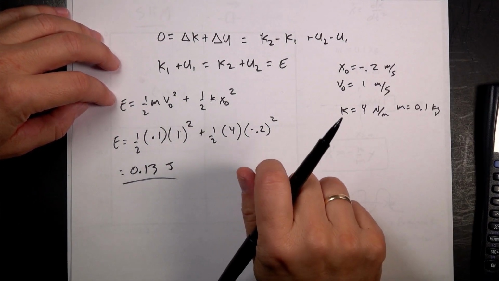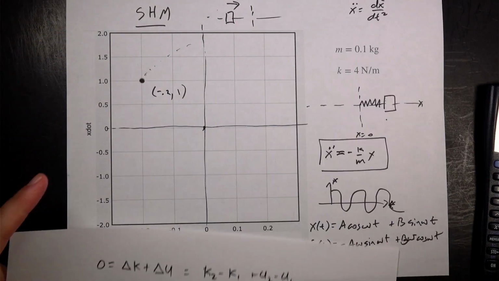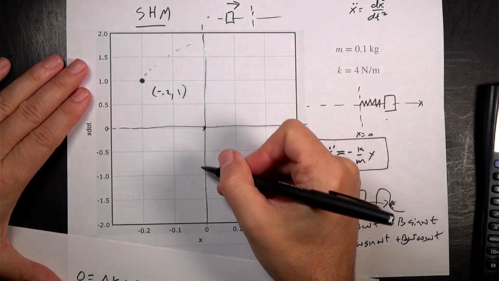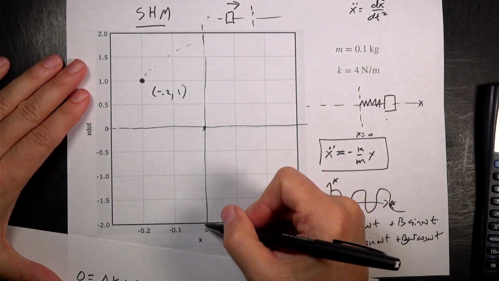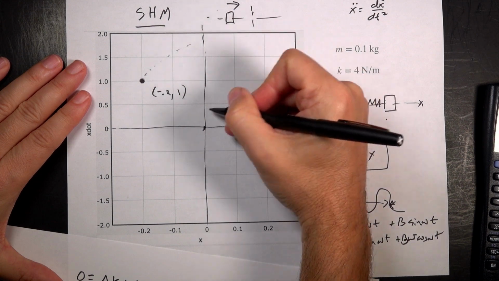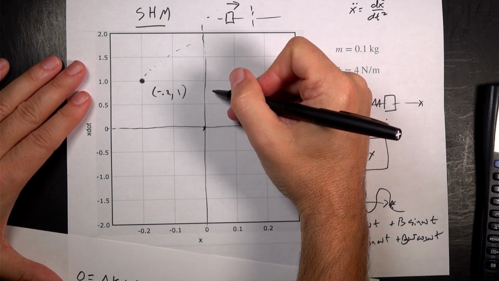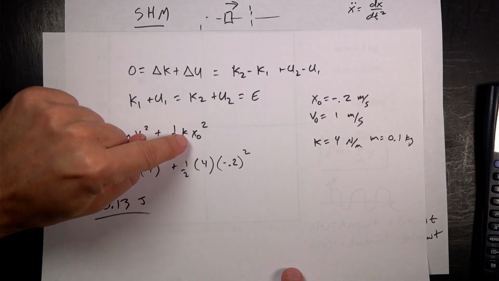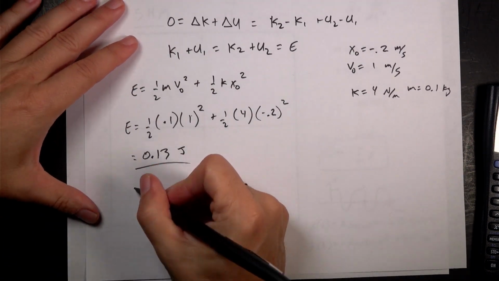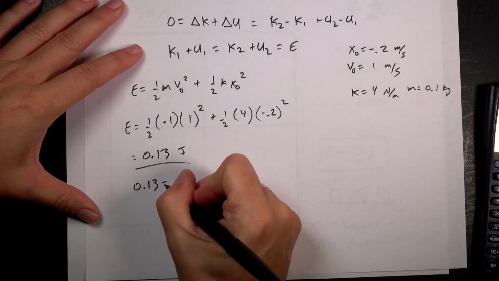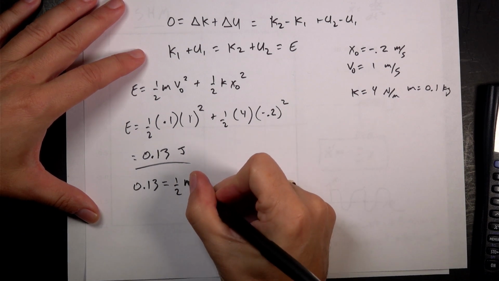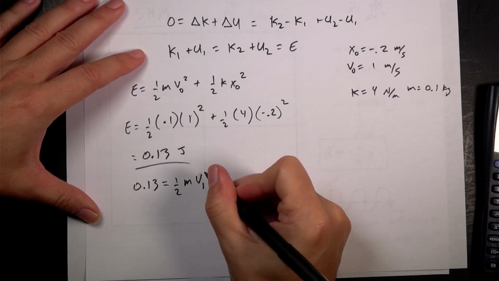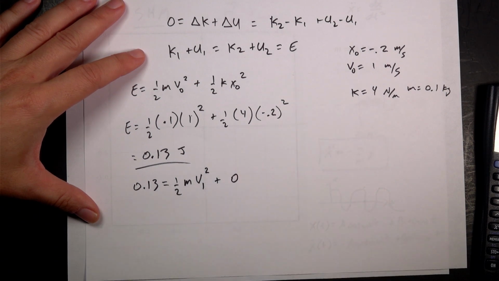Now I can use that for this graph. So what's true along this axis? If the particle is somewhere up here, its x value is 0. And if x is 0, then the kinetic energy is 0. So let's say 0.13 equals 1/2 m v1 squared, plus 0.